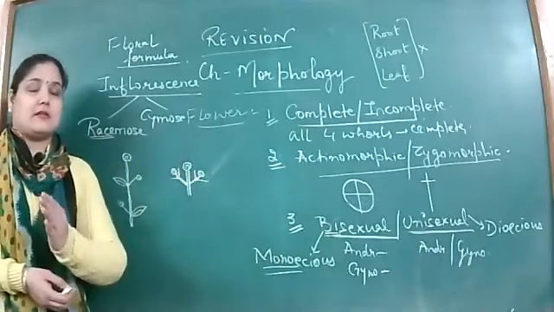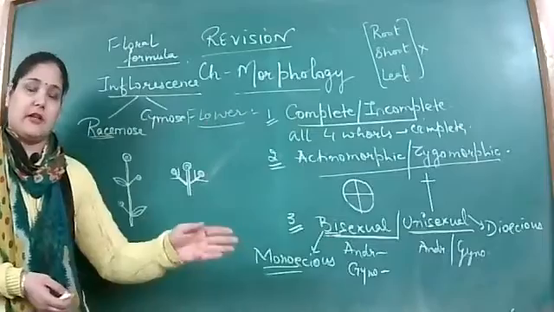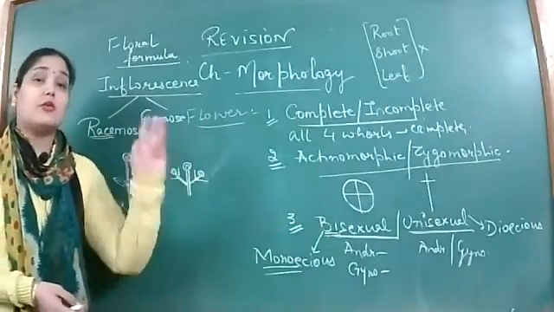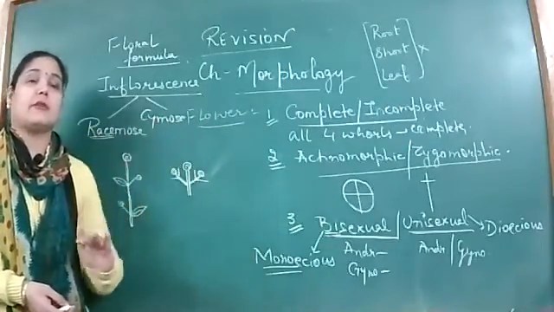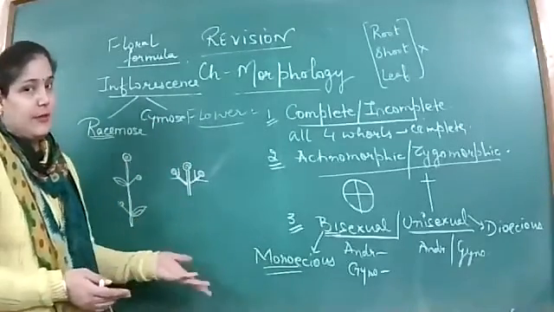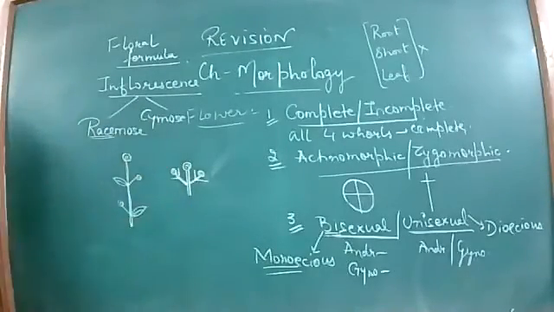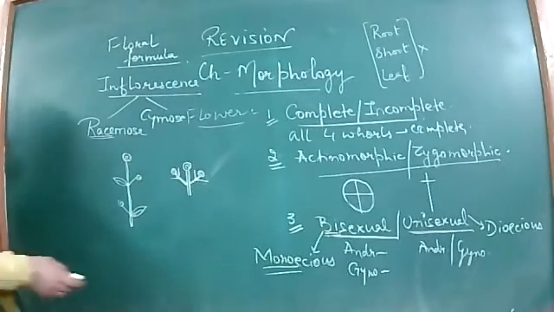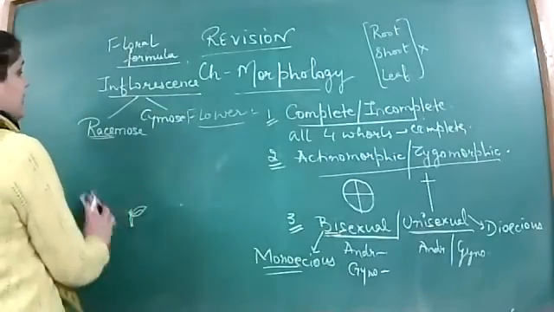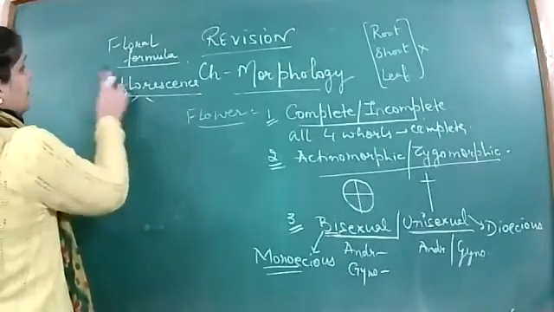There are two flowers. Monoecious is a single flower carrying both the male and female organs. In dioecious there are two flowers carrying the male and the female reproductive parts separately. ठीक है. So this is bisexual and unisexual, also called monoecious and dioecious. What are the other terms we have used for the flowers? Any other terms we have used?